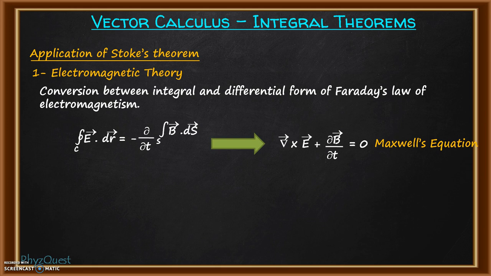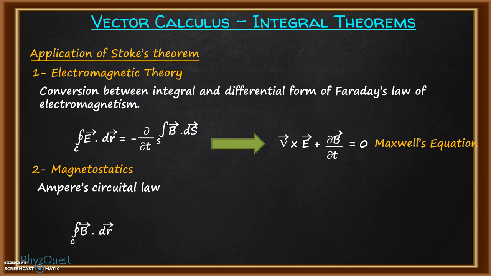This is the Faraday's law we are talking about. Now the second application is in case of magnetostatics. In magnetostatics we have Ampere's circuital law. Here Ampere's circuital law is represented mathematically as the integral of B dot dr equal to mu 0 I. So B dot dr, this is your magnetic field, and mu 0 I is your current.